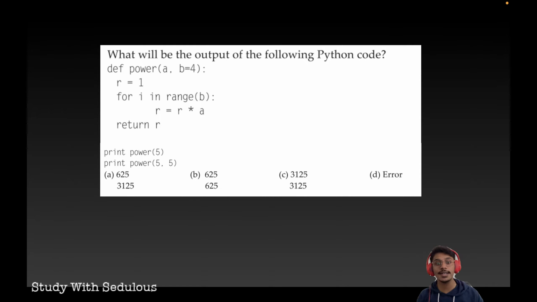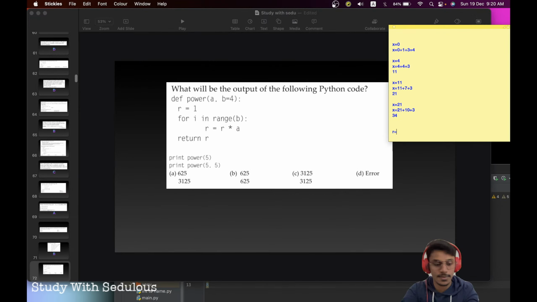Then next, again it will iterate. R is 1 and then R becomes 5, then R becomes 2 into 5, 10.